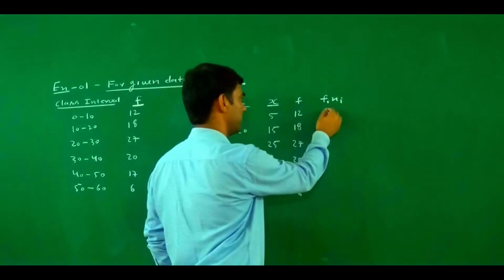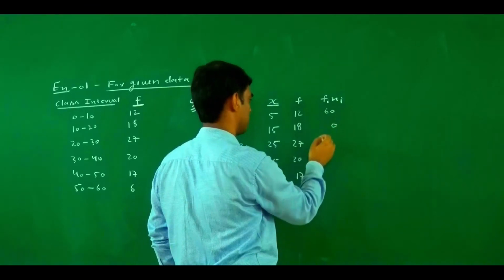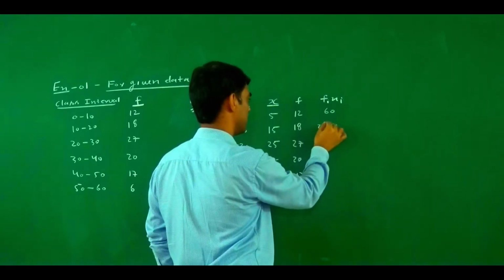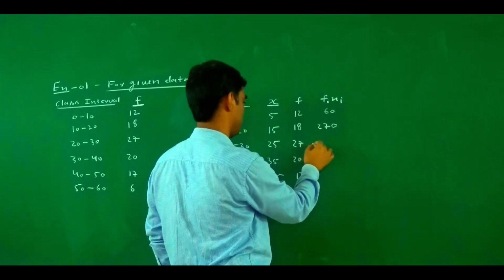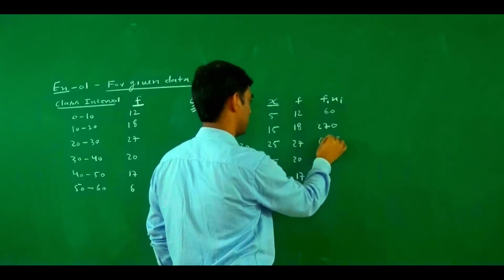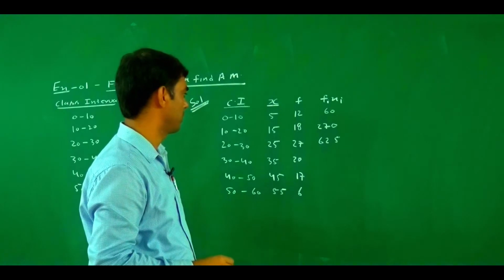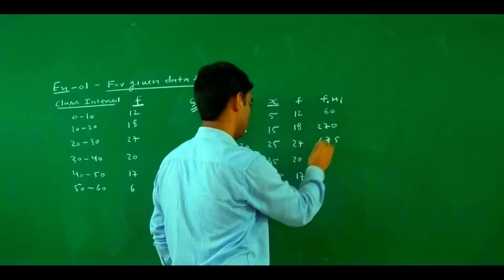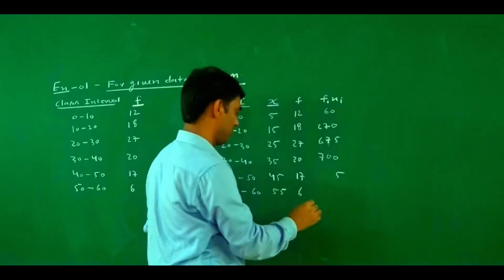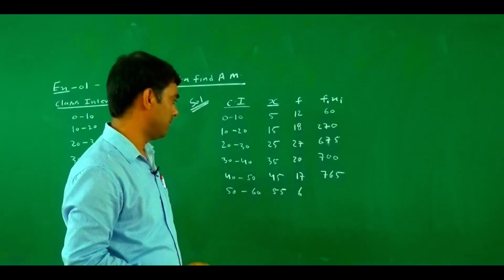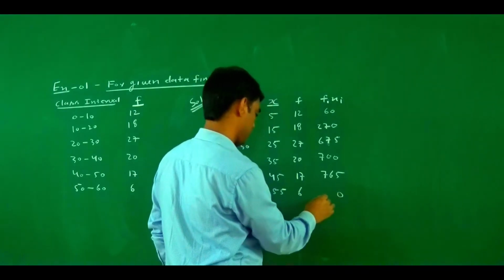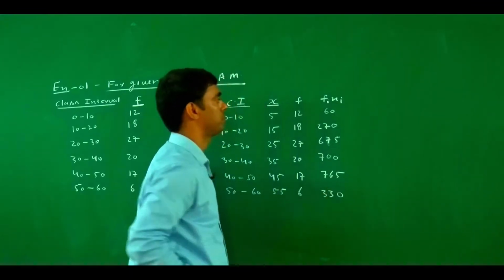So this one is 60, 270, 540, 700, 765, 330.